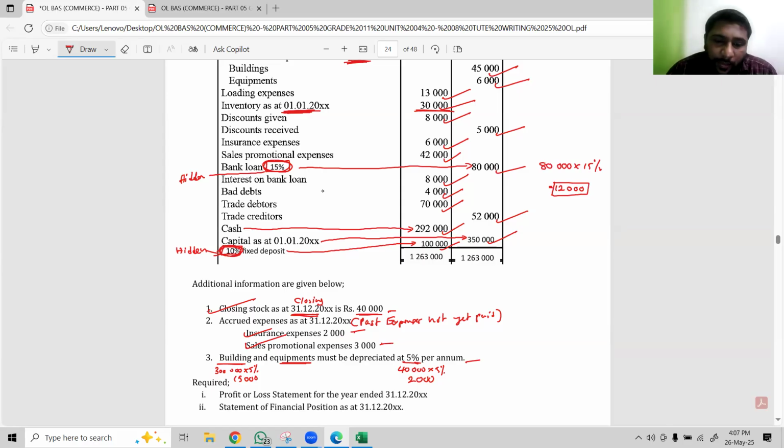Okay. You all read the trial balance properly and tell me. The interest expense is 12,000.